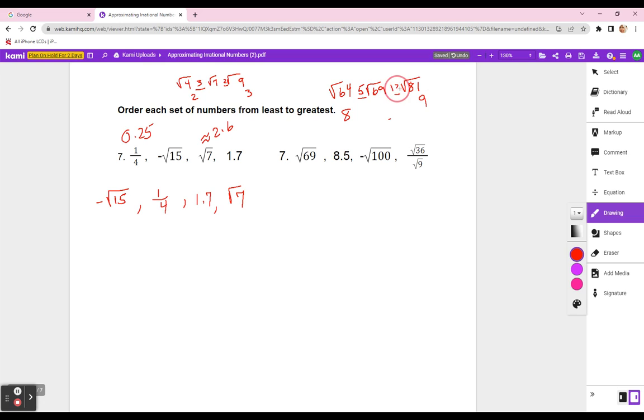It is 12 units away from here. So we know the square root of 69 is close to the square root of 64. So we can approximate this. We know it's less than 8.5. So we can approximate this to be approximately 8.4.